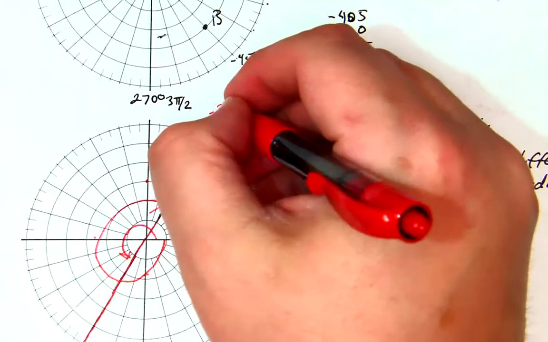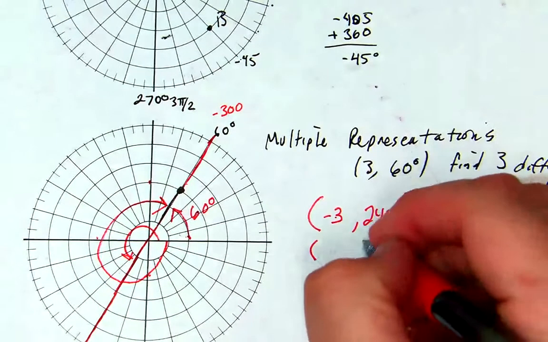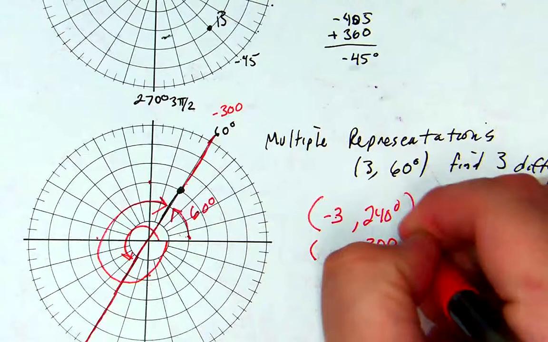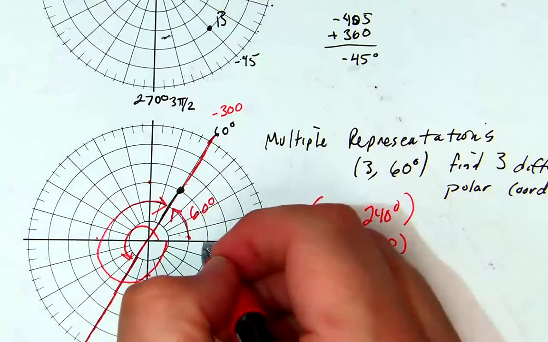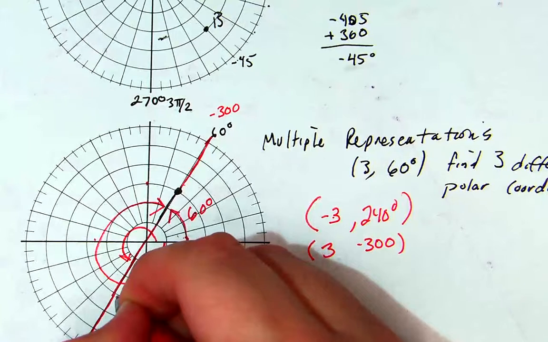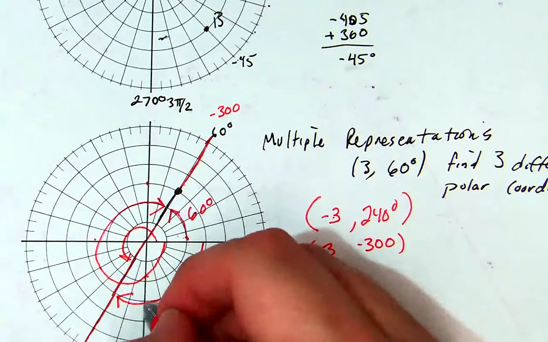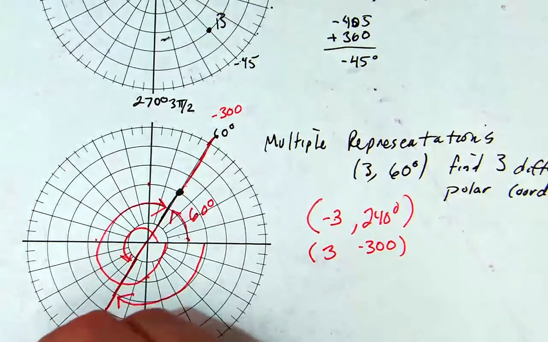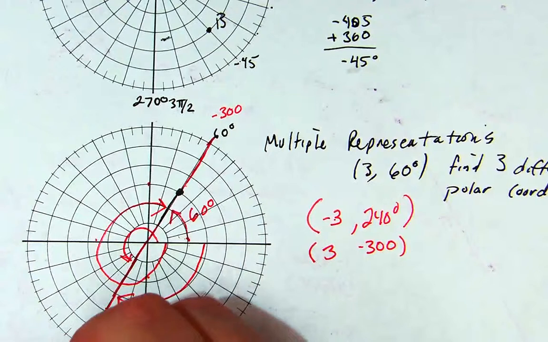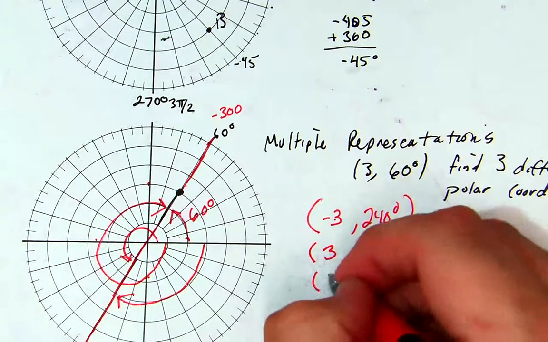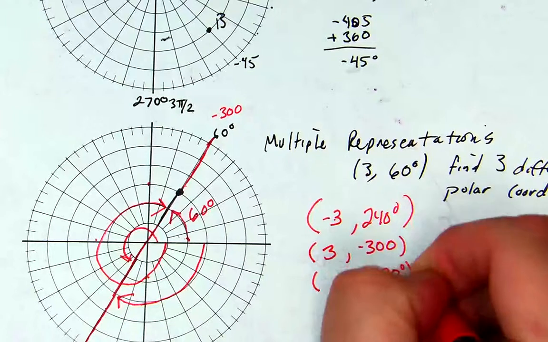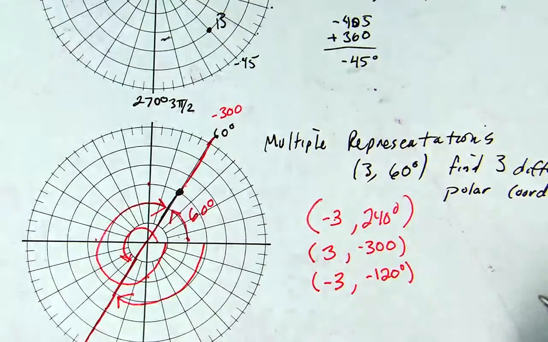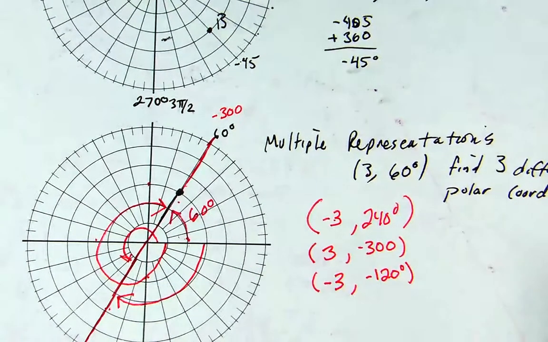That's negative 300. So I got negative 300, and I have a 3. But I can also go negative to here, 90, that's negative 120. So I can say it'll be negative 120 degrees and negative 3, because I plotted on the opposite side.